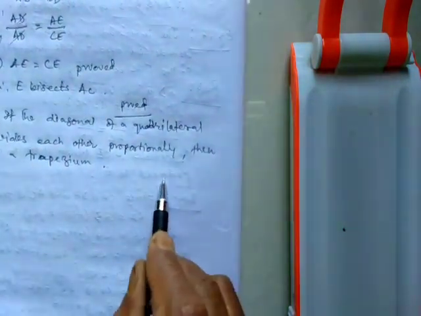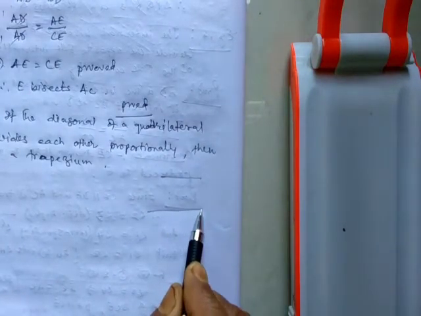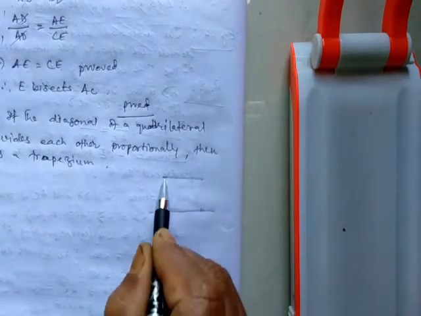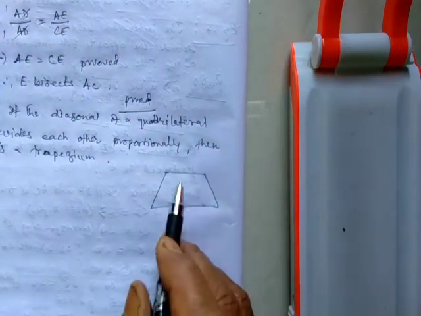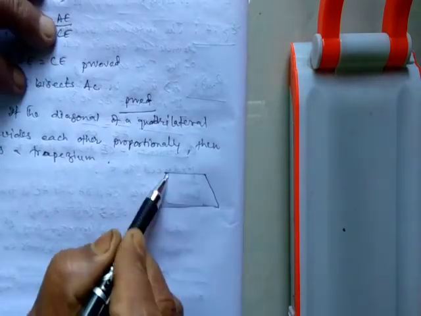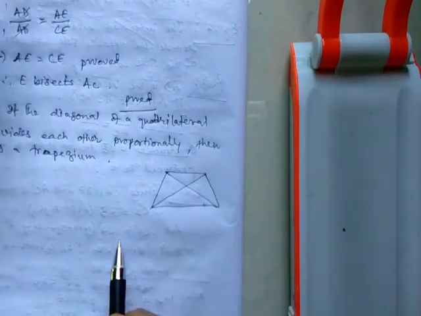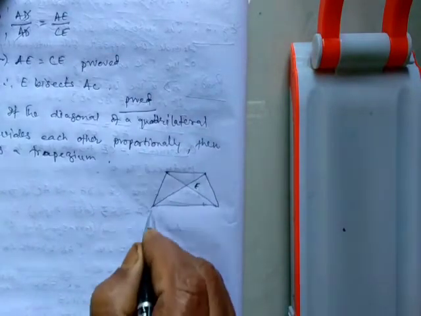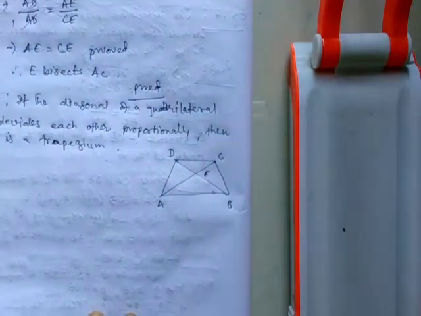So I am drawing a quadrilateral, and the diagonals I am drawing, these two intersect at E, and ABCD is a trapezium.